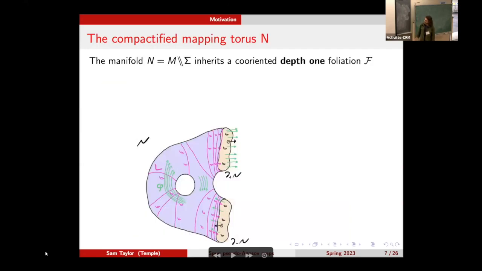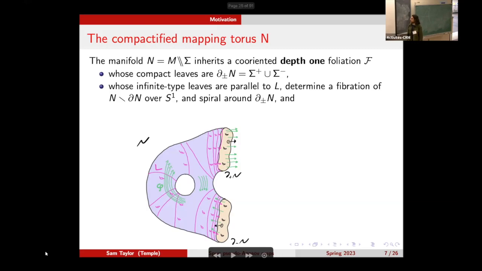Okay, let me just zoom out a little bit and say, what did we just do? What did we just construct? Okay. So on this manifold, I get by cutting M along sigma, my surface. So I get a new manifold. So that's a manifold with two copies of sigma, two different boundary components. So this manifold has what I just referred to as a depth one foliation.